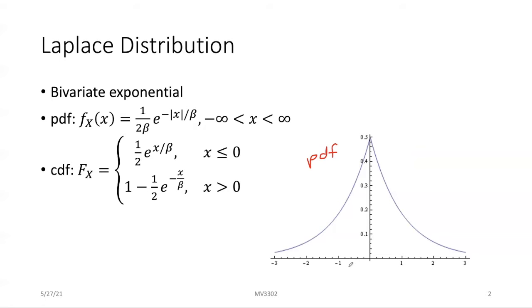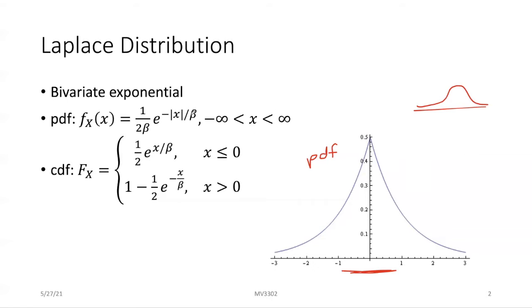So most of the probability is going to be located here. In contrast with the normal distribution, which is the old bell-shaped curve, looks kind of like that. So you see the difference, but functionally it has sort of the same general shape, except it's pointier.